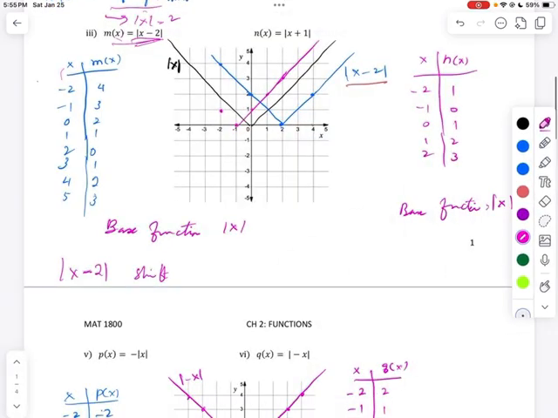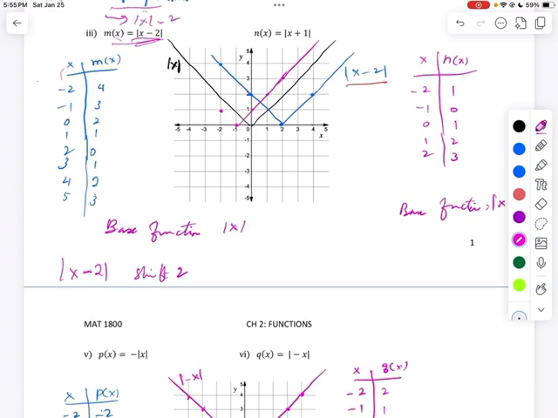Shift 2 units to the left, or shift left 2 units, or sometimes students just write left 2 units, which is okay. But I like writing it this way: shift right 2 units.